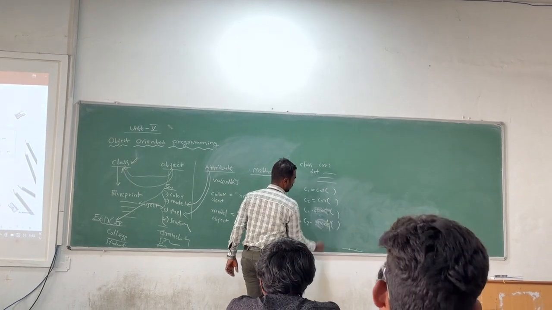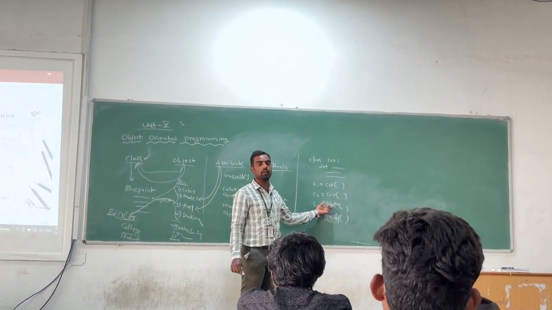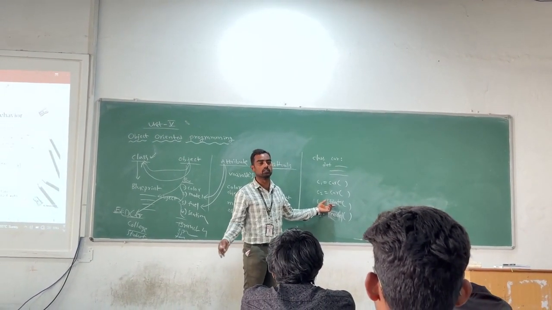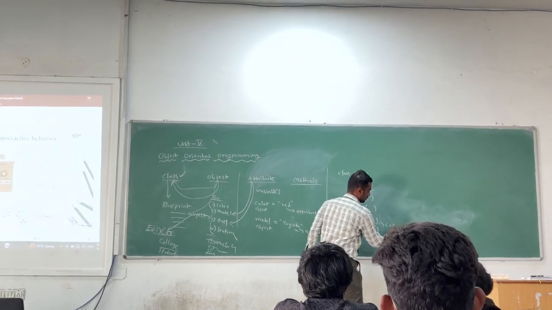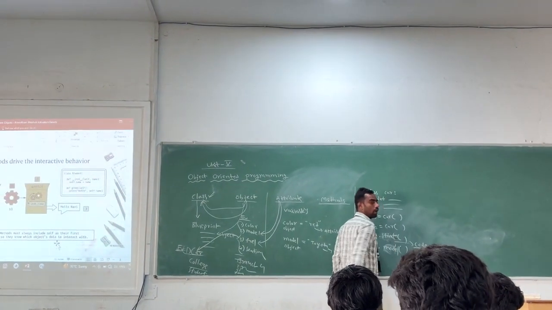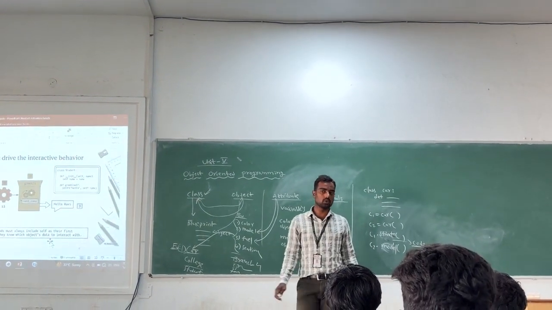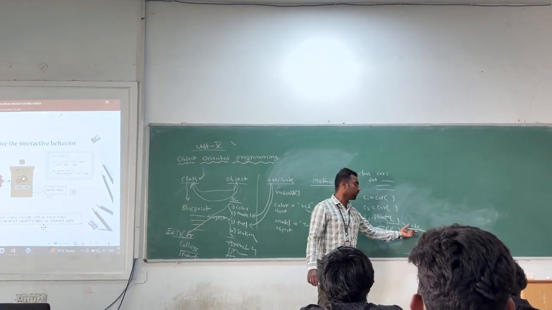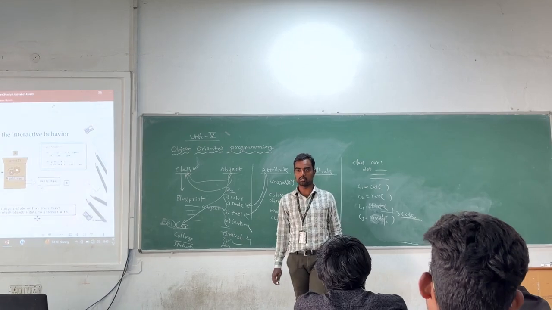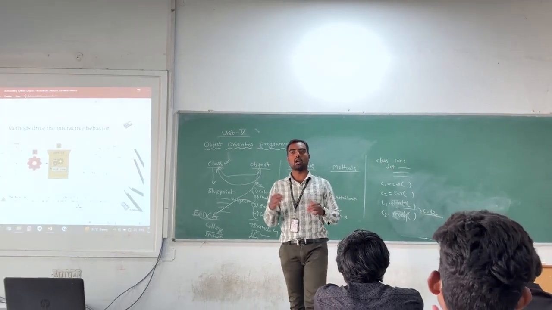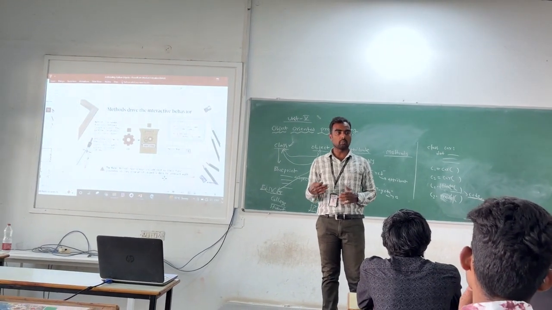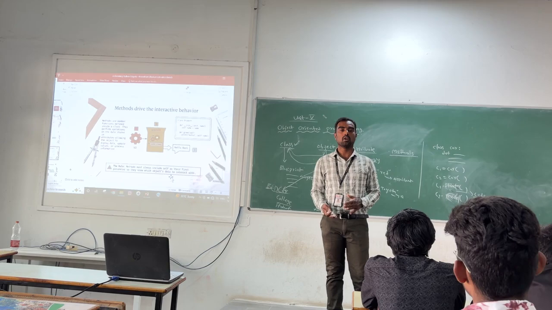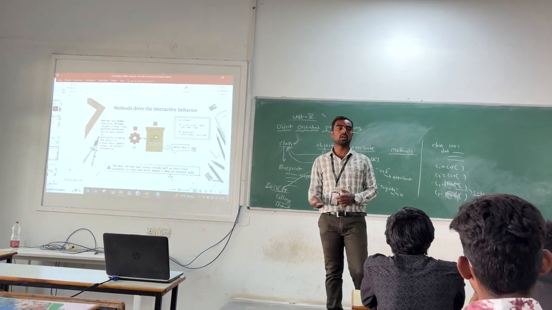If I use this object, what function should be done? I should maintain the code here. The implemented code comes under the method. Then only that particular object will execute perfectly. Without a method, we cannot execute the program.